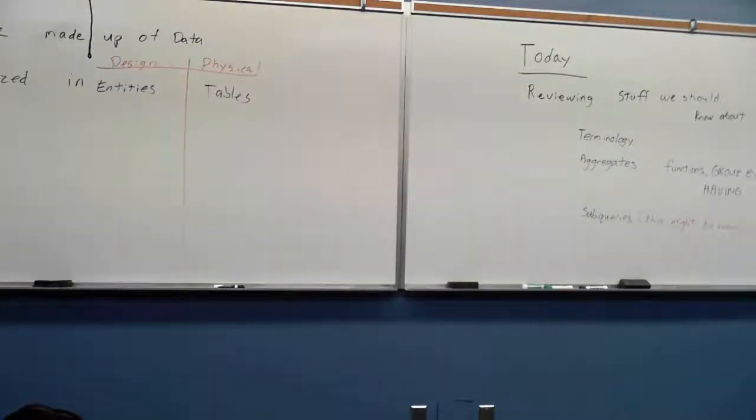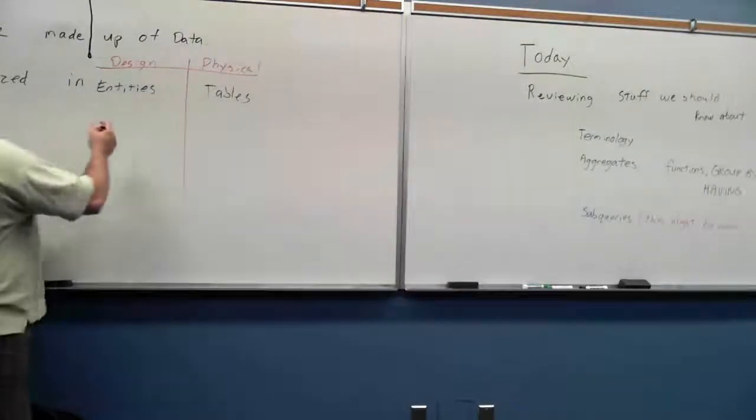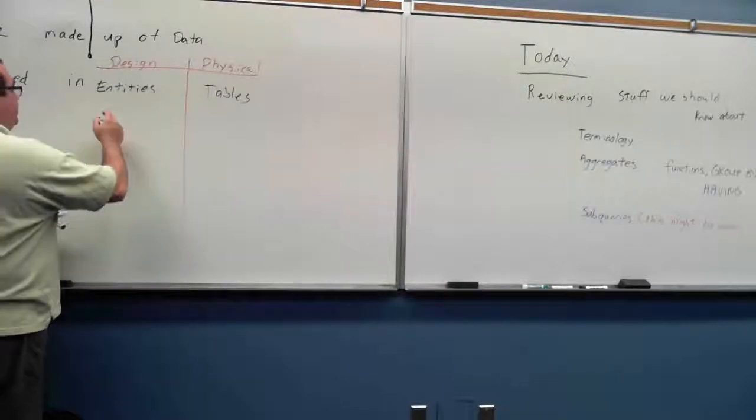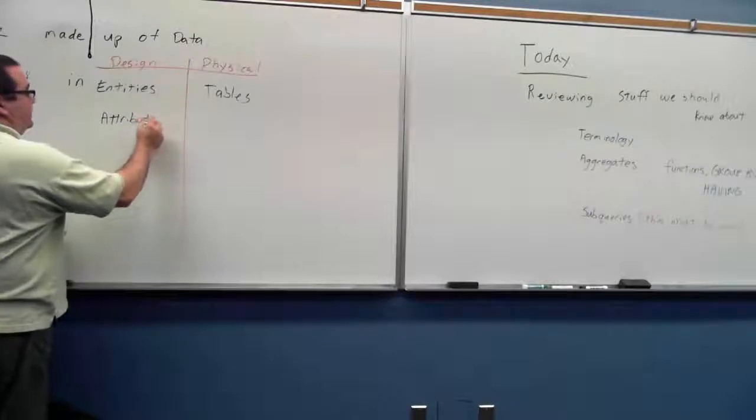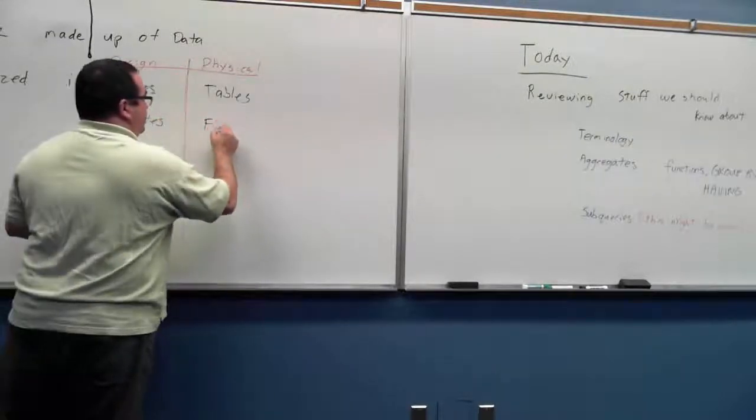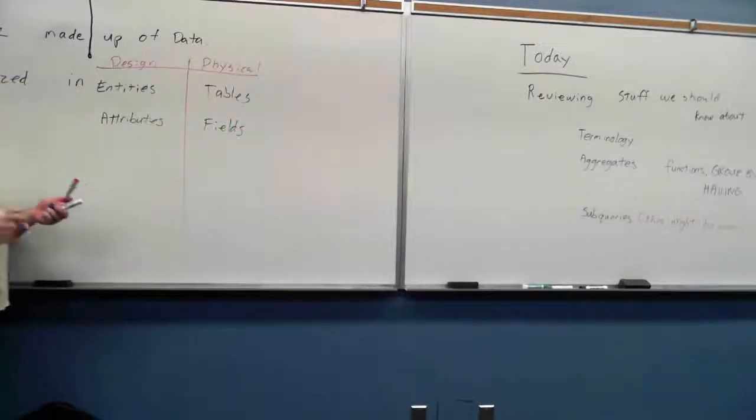And so database made up of data, it's organized in entities and tables. Okay, the details are known as either attributes and or fields.